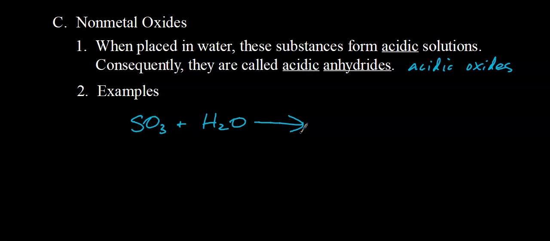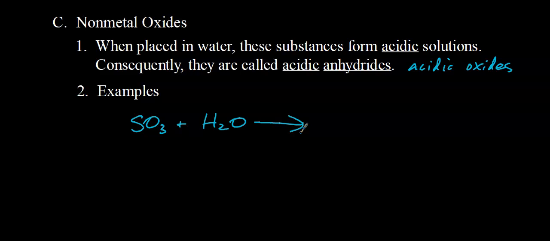This is significantly more tricky than the previous example. So here's the deal, and I don't know if it comes up now or later, so I'll mention it now. In this type of reaction, it's very important that the oxidation state of the nonmetal is the same before the reaction as after the reaction.